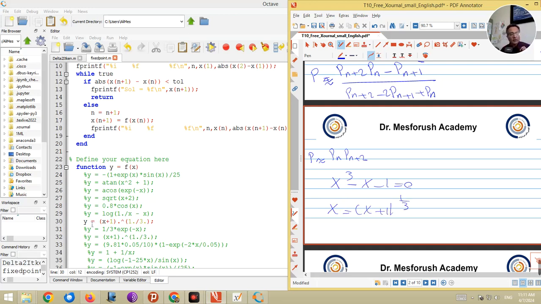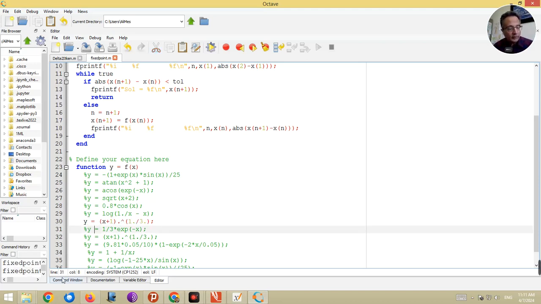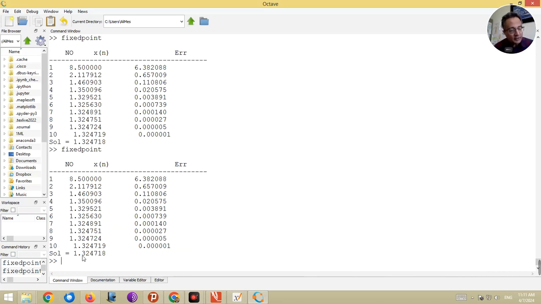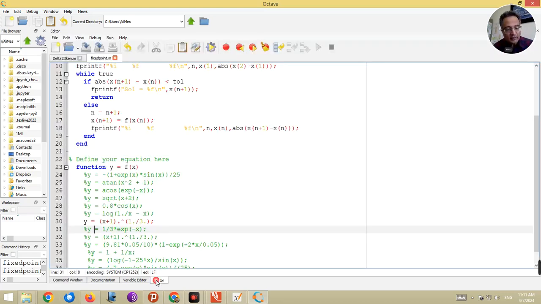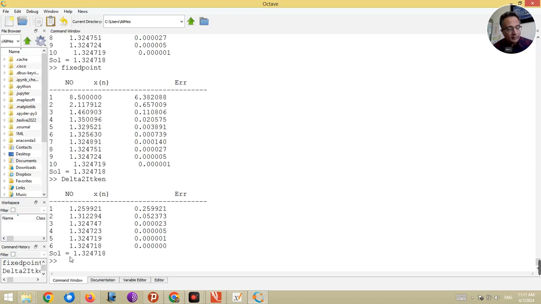In fact, you can see exactly here that in both delta squared and fixed point, this part is the same. Now let me run this one. You can find the solution in 10 iterations, and if you try the same in delta squared Aitken, you can find the solution in just 6 iterations. So this technique is in fact faster than linear convergence.